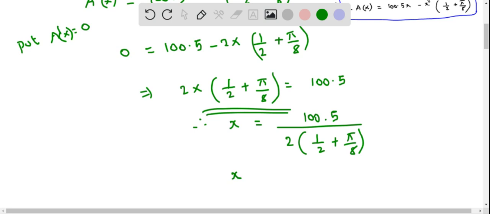Now we can find the value using the calculator. We plug this expression into the calculator, and when we do that, we approximately get x is 56.29. So this has to be in feet. We will now double check if this gives the maximum area.